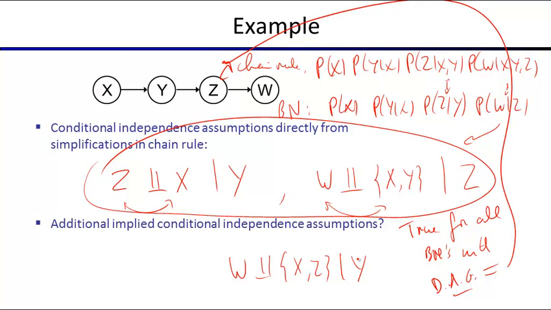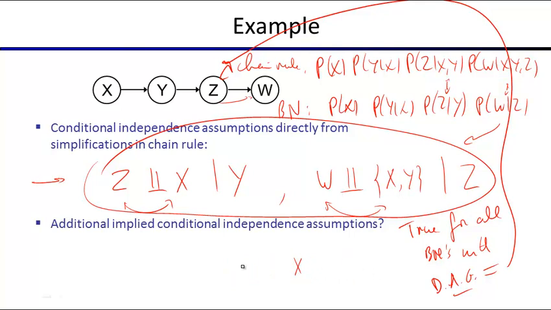The reason being that there is a direct connection here from Z to W, and so it's very hard to undo that influence. Only for a very special choice of numbers will there be no influence running there. And we're looking for something that no matter what number somebody chooses in the CPTs, we have a statement that's true.